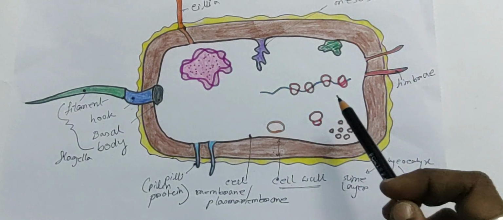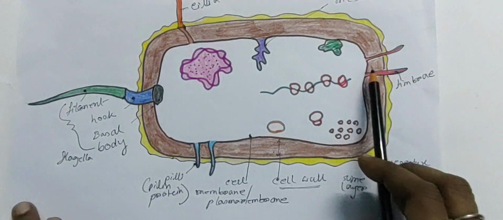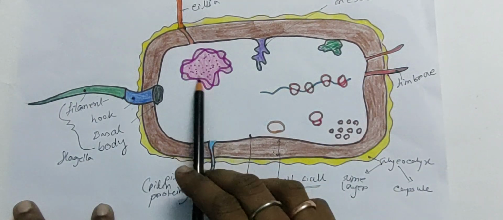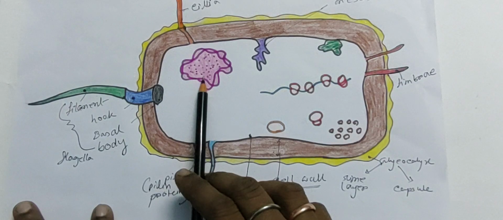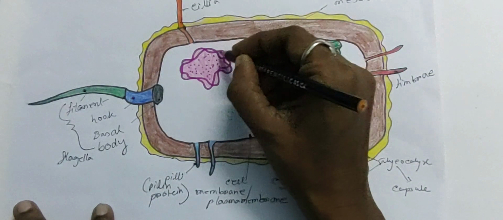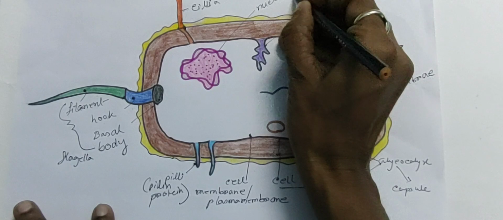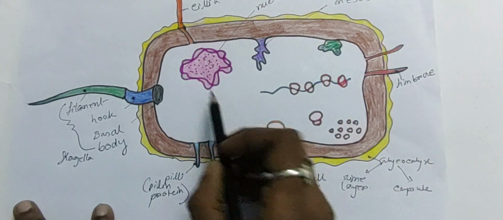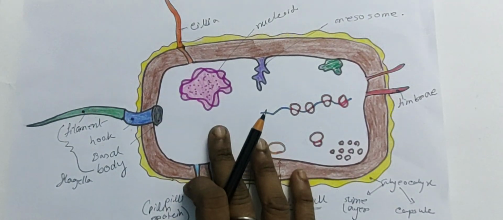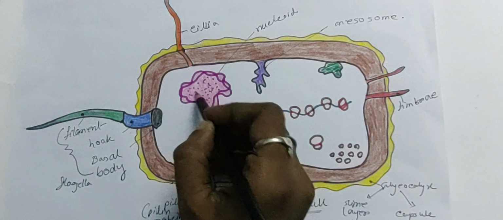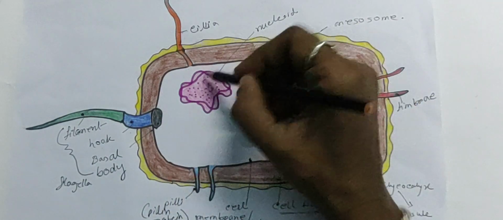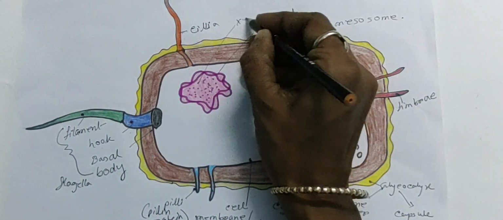Now come to the inner part, the inner cytoplasm. Here is the nuclear material called the nucleoid, and the cytoplasm inside is called the xenophore.